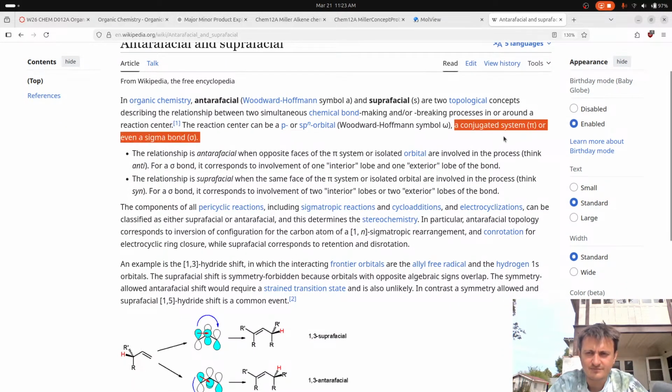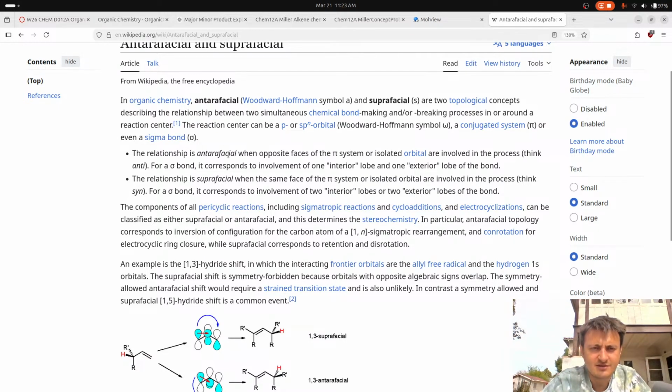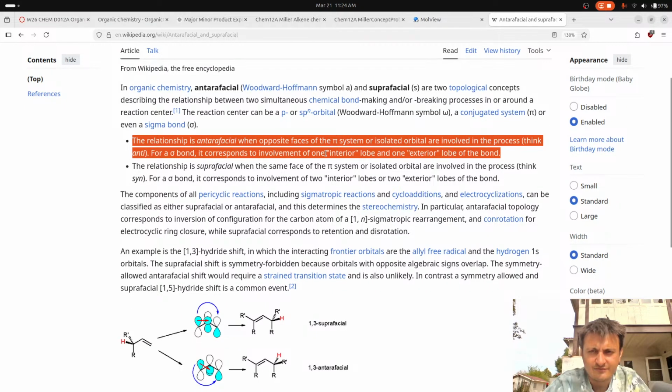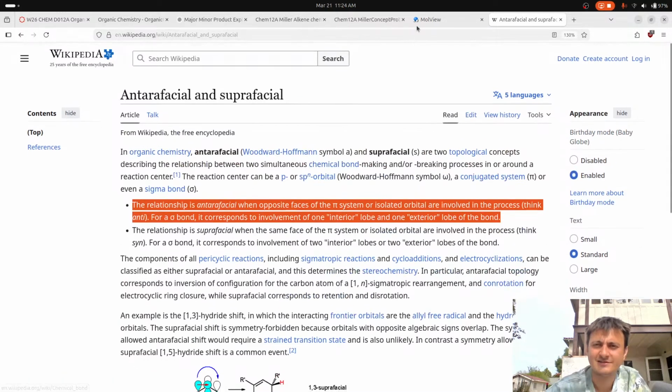So I think first off we're talking about this. The relationship is antarafacial when opposite faces of the pi system or isolated orbital are involved in the process. I mean, for real, what the heck are they talking about? I don't know what that is.